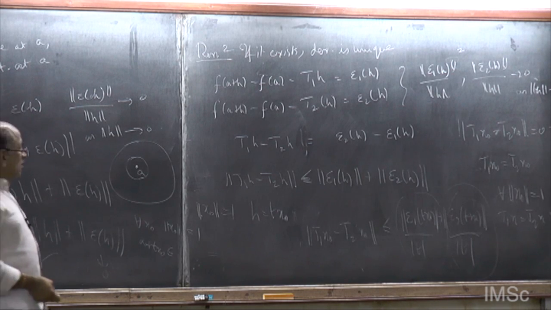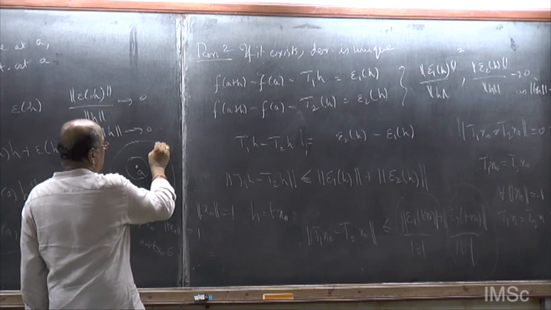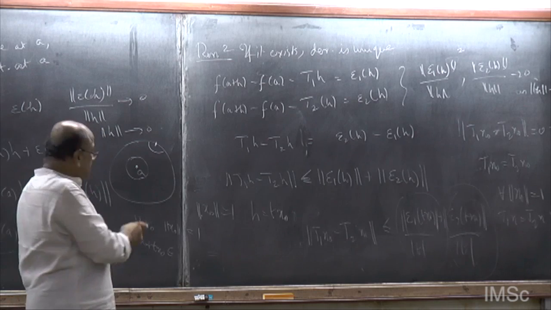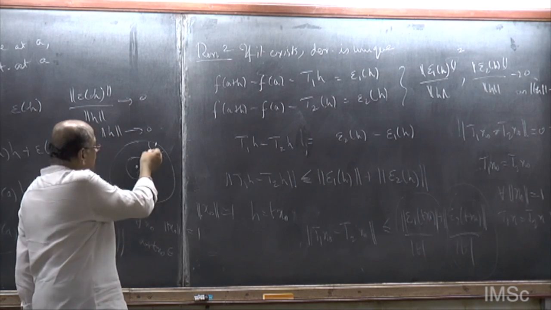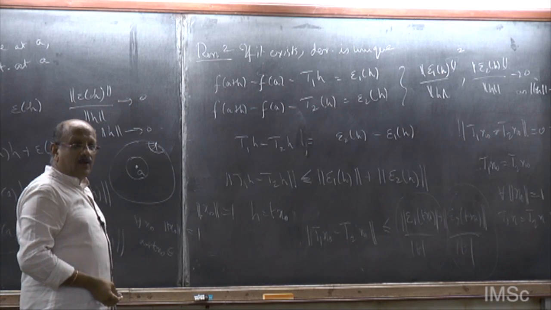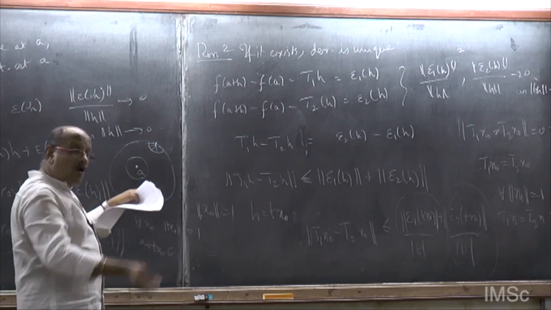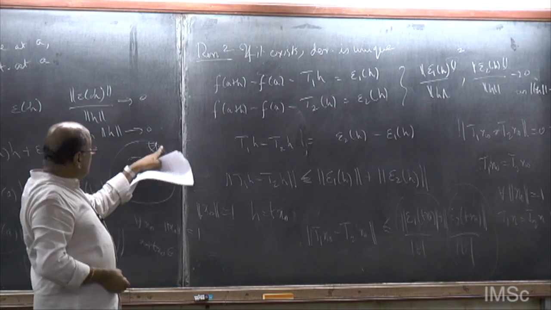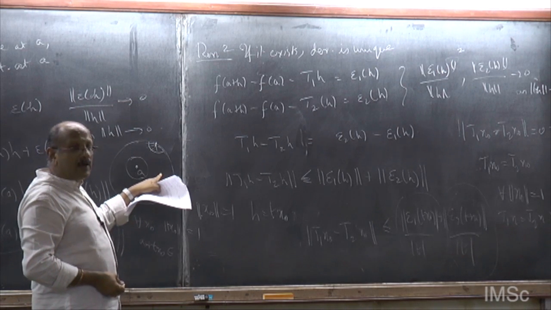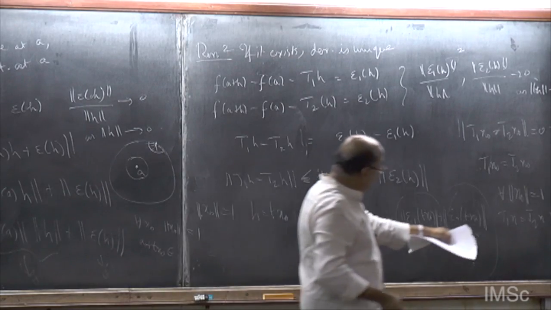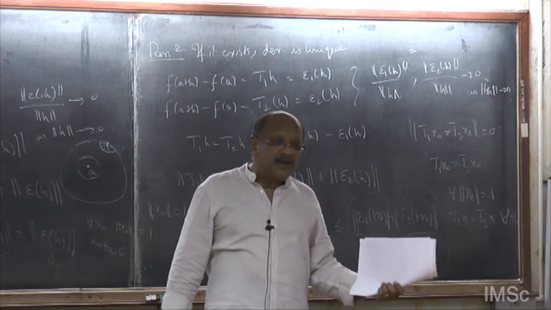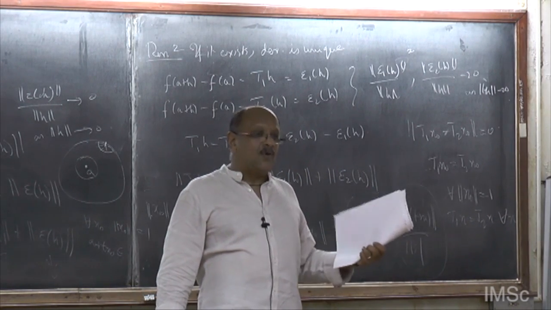Now if U were not an open set, say suppose it included the boundary also, then I will have a neighborhood like this, then all x naughts cannot be included, only some x naughts, some directions are allowed. Because if I am fully inside, all x naughts I can take. If I am somewhere on the boundary, I can only take some directions. But I need to show that T1 equals T2, I need to show that for all directions it agrees. So I need open sets.